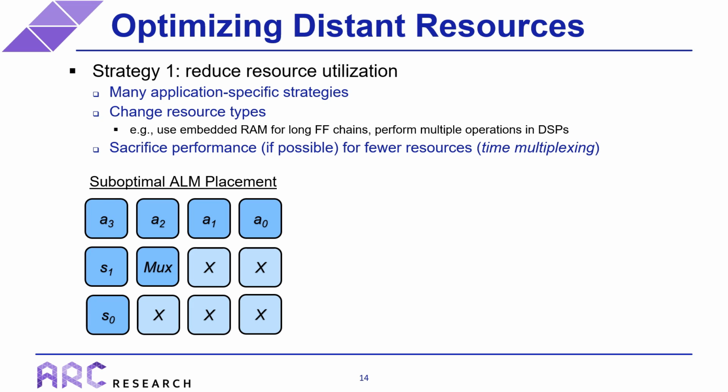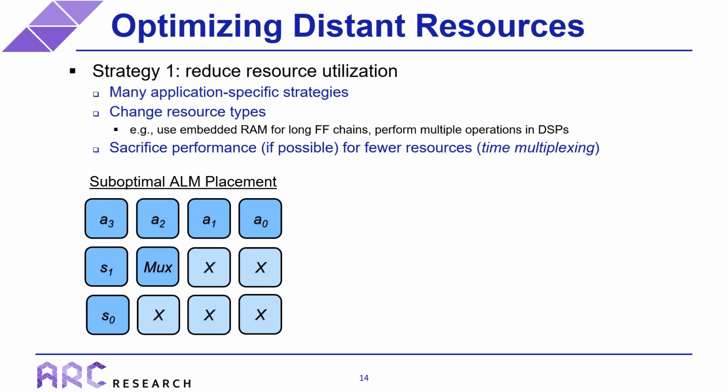Similarly, DSPs on different FPGAs often have low-level optimizations that allow you to perform multiple operations within a single DSP. So if you modify your code to take advantage of these optimizations, you could potentially reduce DSP usage by a factor of 2 or more. Another general technique is to sacrifice performance, assuming this is possible within your constraints, by time multiplexing operations across fewer shared resources.